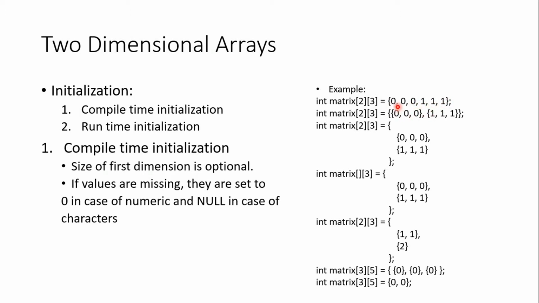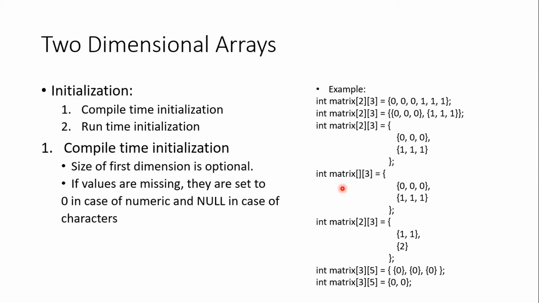It will initialize the first row with 0 and the second row with 1. If you want to generalize this form, then you can specify the values row wise, separated by comma. If you want to specify the values in the form of a matrix, then you can write like this.